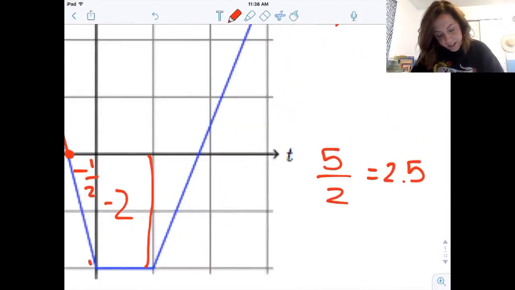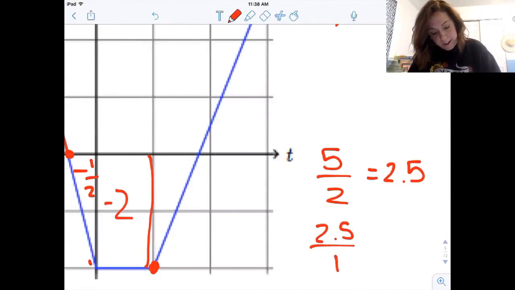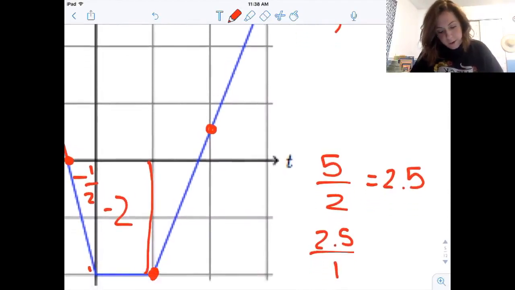So here this is at -2, right? So I'm going up 5 over 2 for every 2. So this is up 2.5 over 1. So I could figure out here, this would be up 2.5. So this would be, yeah, that's where that is.